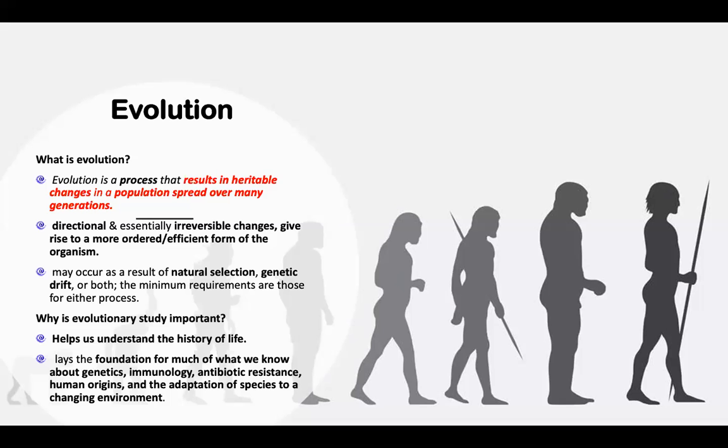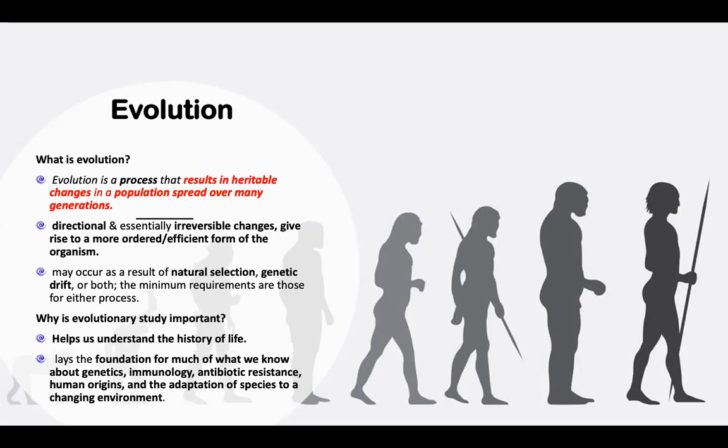This actually helps us understand the history of life, like how humans came about and why we have evolved over the years, and how this is actually happening. This is a very important question that biologists are interested in, and by studying evolution, we will be able to answer these questions.